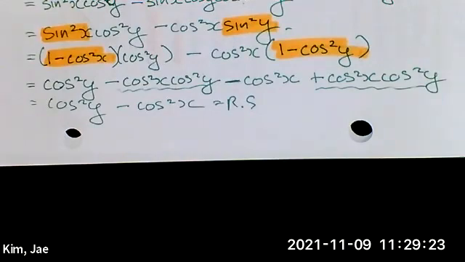Take a look at number 4 and number 5. There are some other angles involved, like pi over 4 is 45 degrees. See if you can wrap your head around that.